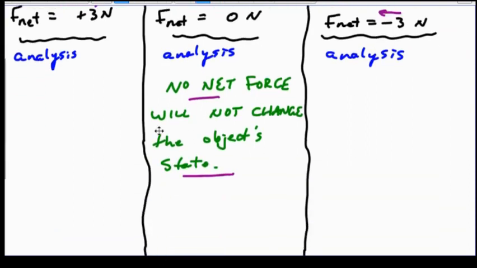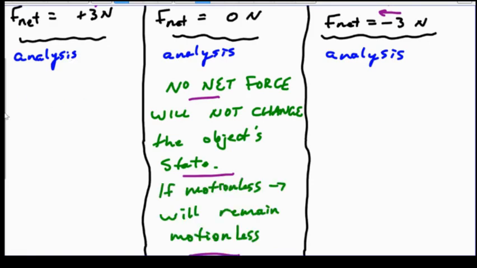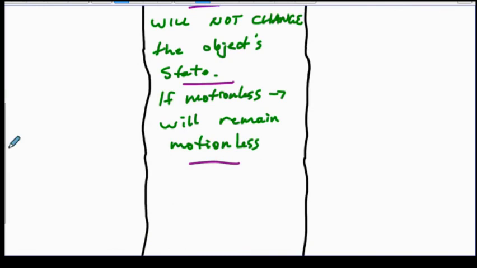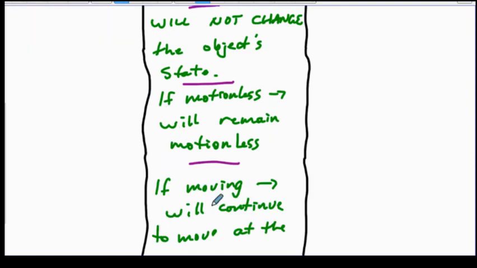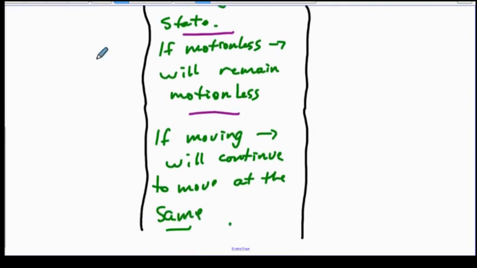Well, it means that it's not going to change the object's state. Going back to Newton's first law, objects in motion will stay in motion, and objects at rest will stay at rest. So if this object was motionless, it will remain motionless. And if the object was moving, it will continue to move at the same speed that it was before.